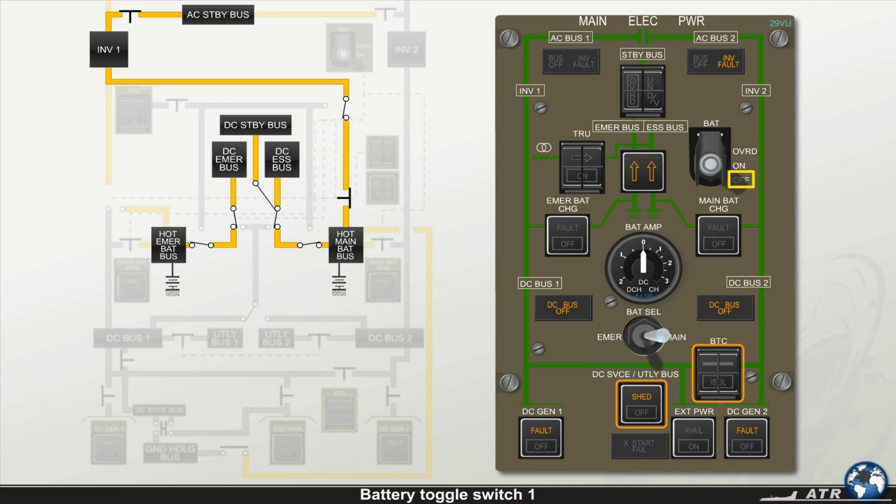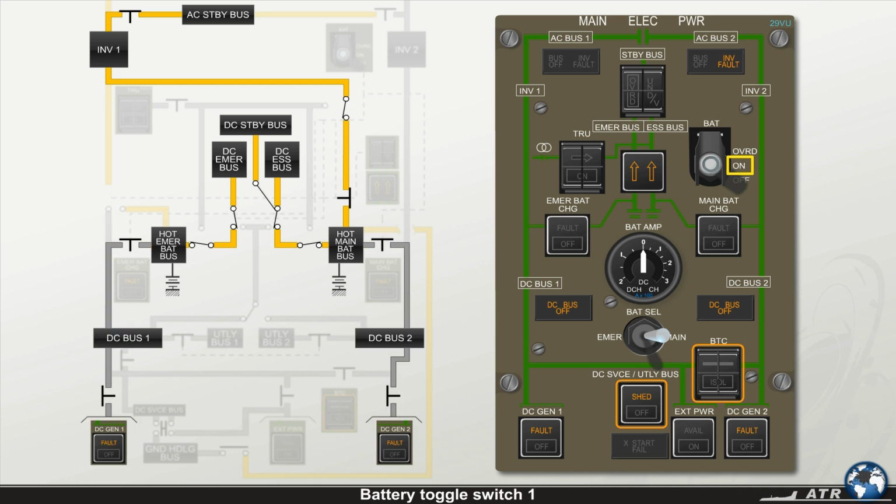During normal operation, the battery toggle switch remains in the on position. In this case, two electrical situations may occur. 1. On ground, when no electrical power is provided by the DC generators 1 and 2, or by a ground external power, the supply chain stays the same as stated before. 2.